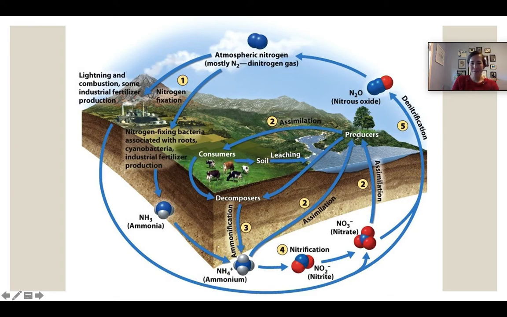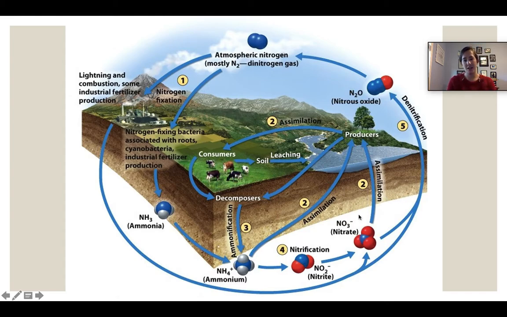So once our consumers die, all of these things die eventually and decompose. So those decomposers take our nitrogen that was locked up in our plants and animals. They go through ammonification. They change it back into that ammonium ion. Some producers can also use ammonium ions for their processes, so that could be directly assimilated as well, without being skipped over into the nitrate and nitrite.